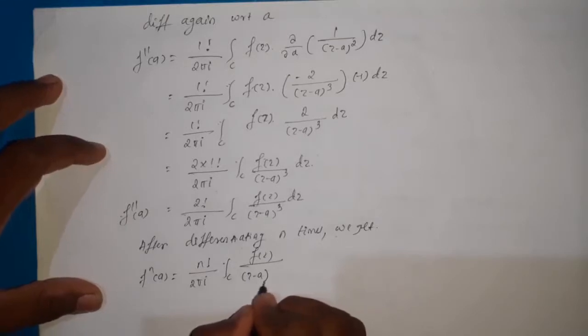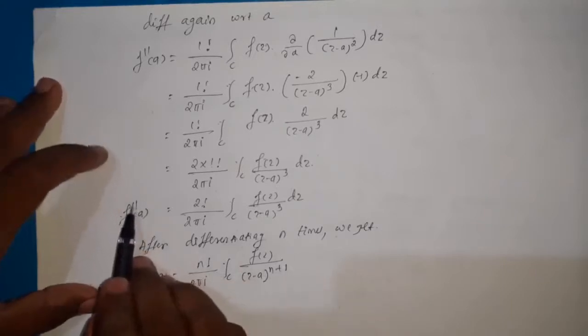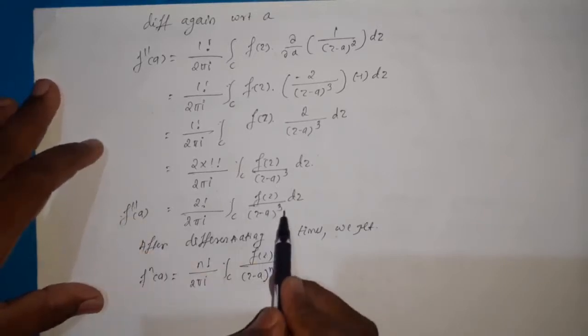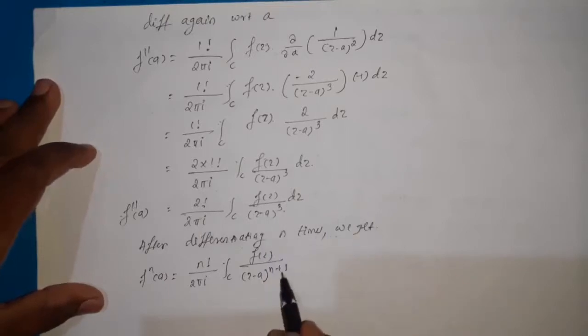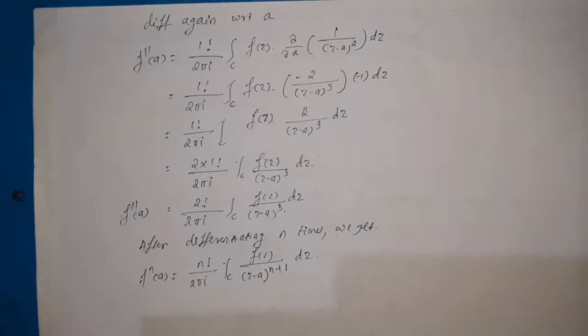So here the power of (z minus a) will be n plus 1, because in case of the second order it is 2 plus 1, so therefore here n plus 1 dz. So now this is the generalized Cauchy's integral formula for derivatives.